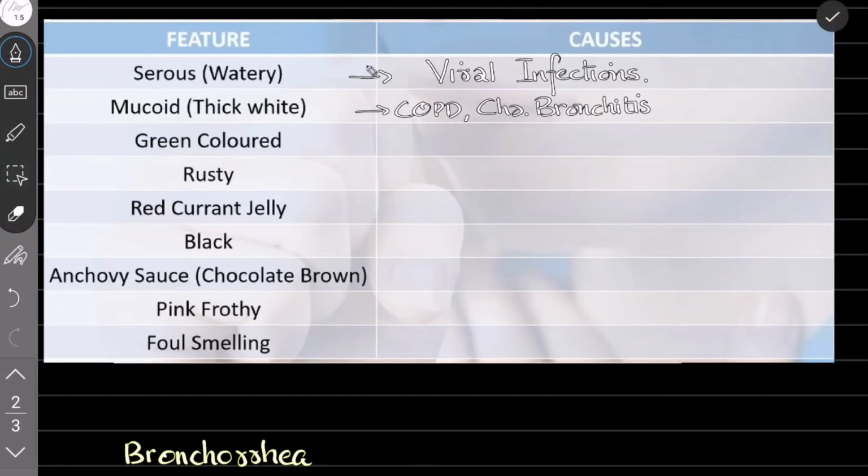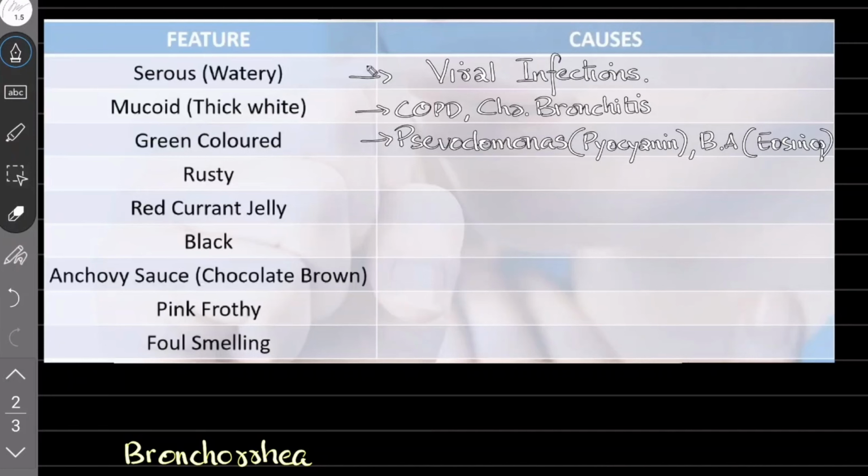In green-colored sputum, whatever is green, it's Pseudomonas aeruginosa, because of pyocyanin, a pigment. In bronchial asthma, the green color is because of eosinophils.